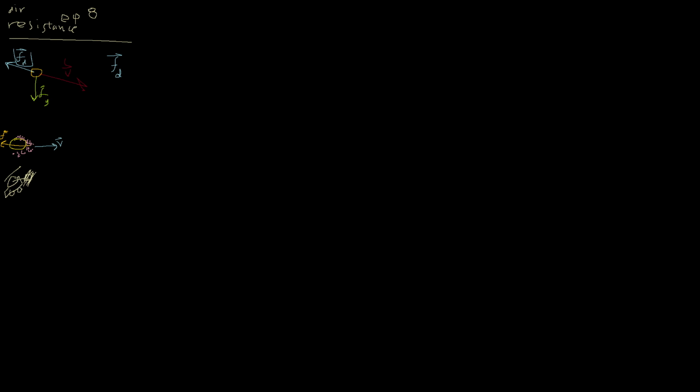So the more force is going to be exerted onto your face from all those particles. So we know that Fd is going to be some function of your current speed. And we also know that it is in the negative direction of the velocity. So this is some magic function.